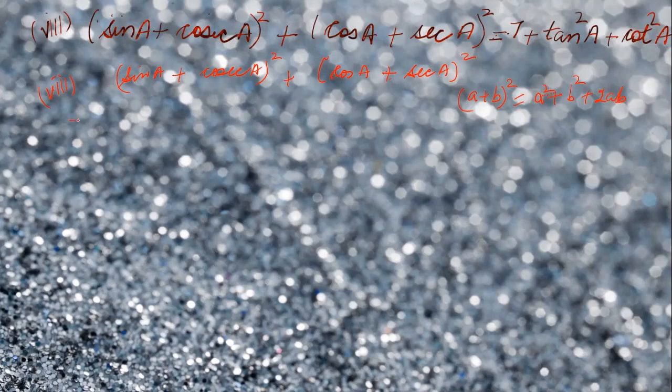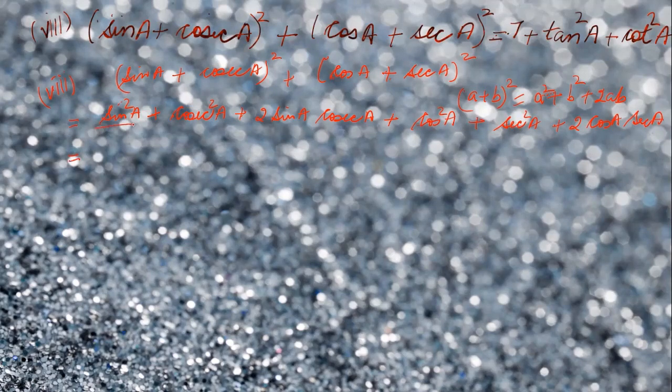So you can write sin square A plus cosec square A plus 2 sin A cosec A. Okay. And the second term plus cos square A plus sec square A plus 2 cos A sec A.